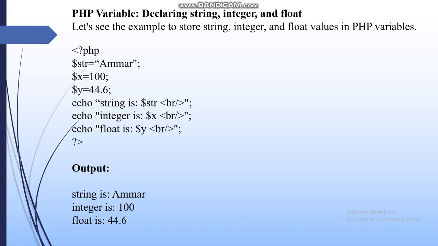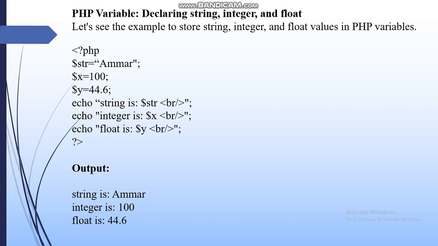Next we have written $x equal to 100. So $x is a variable, equal is the assignment operator, and 100 is the value. Same way, we have string, integer, and we also added a float value.